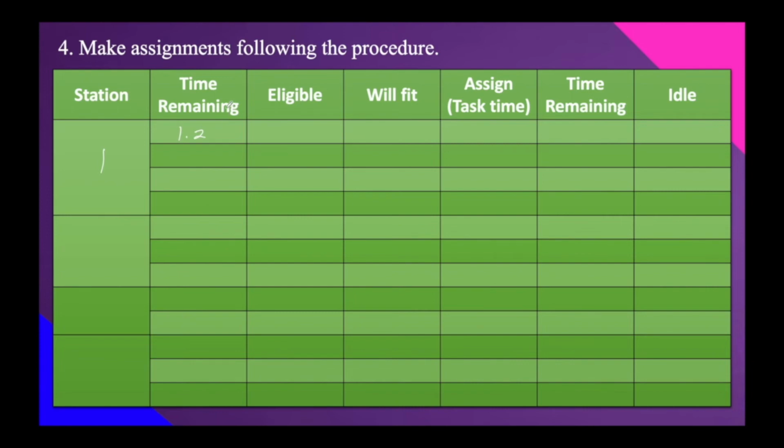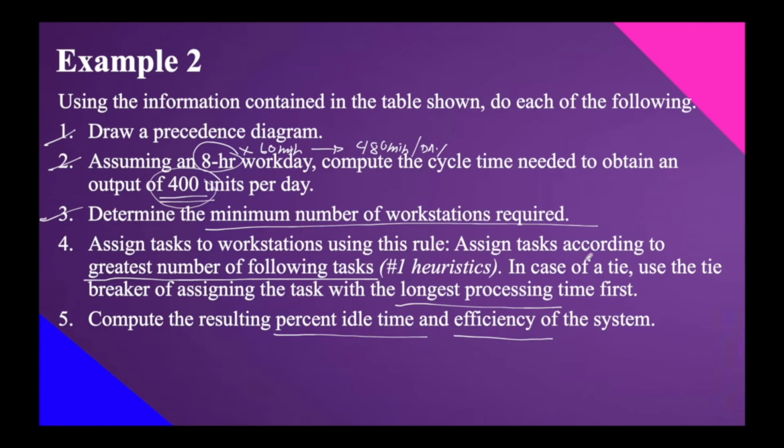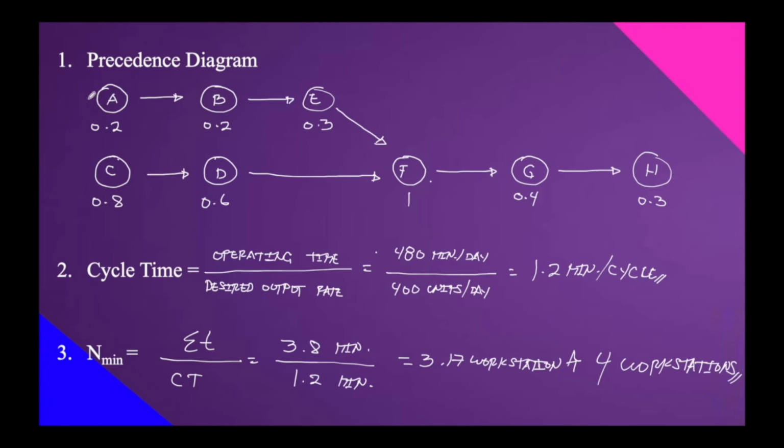And the eligible, kung titingnan ninyo, sabi kasi sa heuristics natin, assign task according to the greatest number of following tasks. And based on the precedence diagram, it is A and C. Dahil nakadugtong kay A is 1, 2, 3, 4, 5. And nakadugtong kay C is 1, 2, 3, 4.